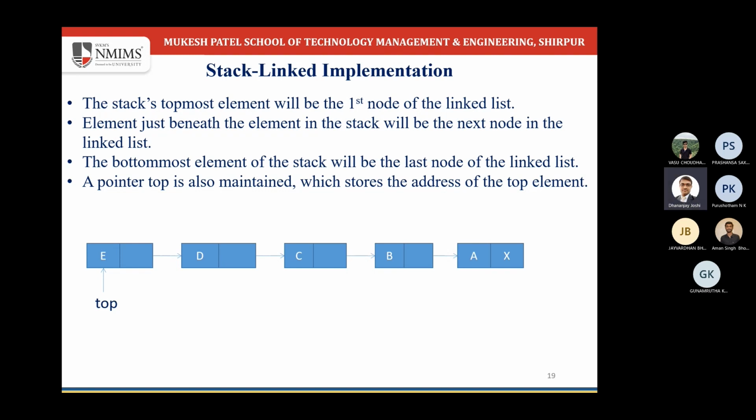The element beneath it will be the next node, and the element beneath that will be the next node. In this way, the bottommost element would be the last node, and its link would be null. Similar to the start pointer, we will maintain a top pointer which will store the address of the top element.